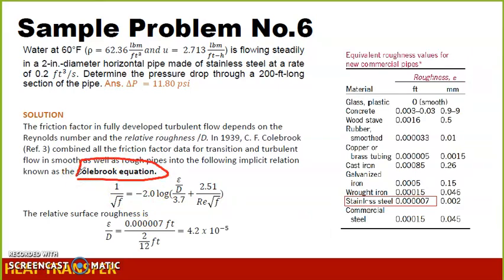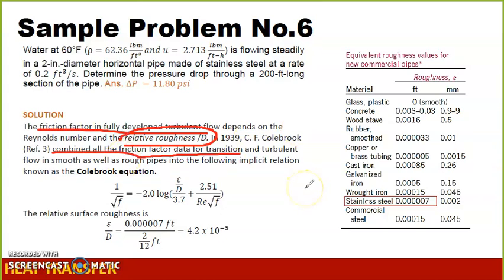This is more complicated than that one, but the good thing about this one is it actually considers the friction factor data for transition and turbulent flow. This one actually depends on the relative roughness, but for the problem that we have, we will assume it to be smooth.